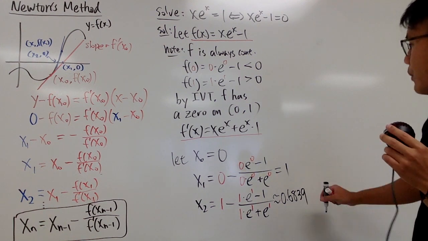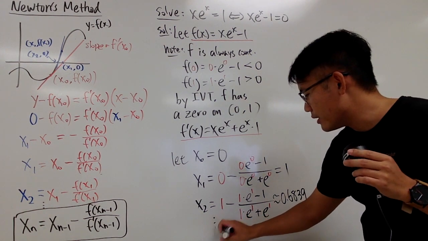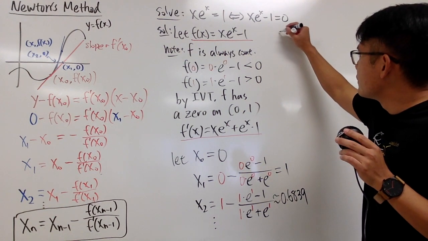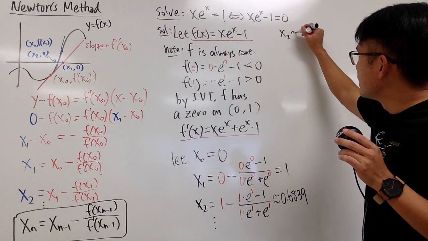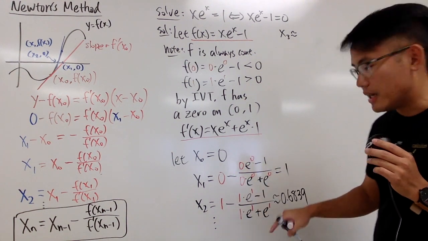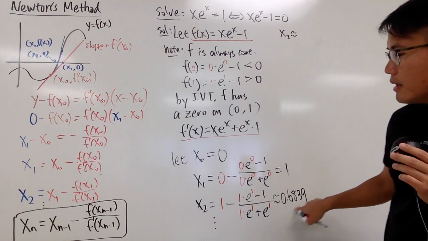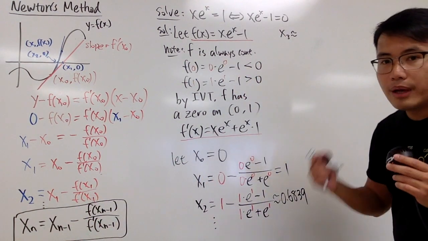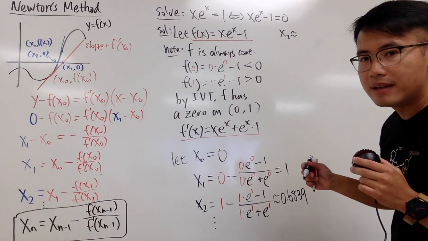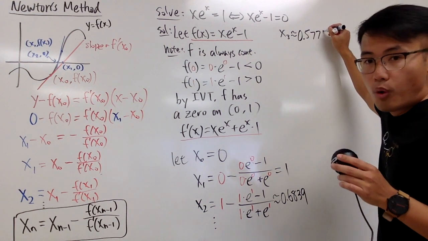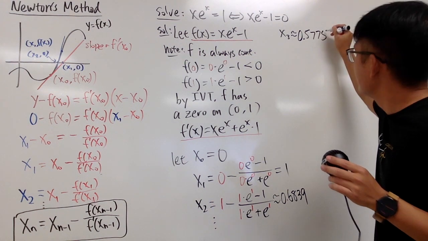And then, of course, we are going to continue the process, all right? I will just write this down for you guys. x3 is approximately, I'll write down the answers now. The next answer that we get, you plug into this formula, you are going to end up with 0.57745. So I'll just put down 5, all right?